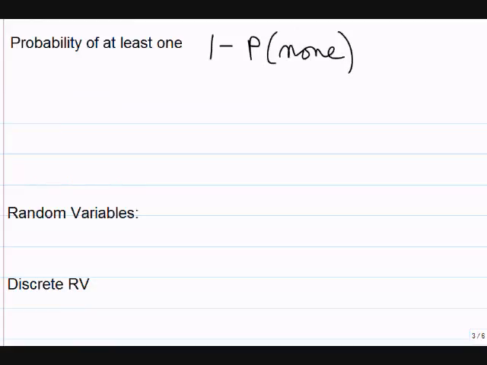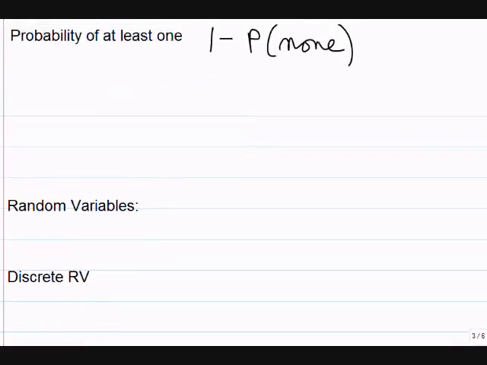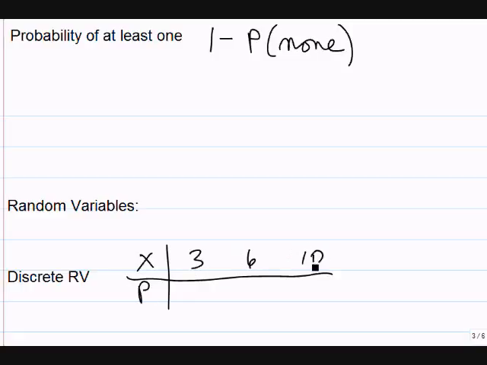Random variables. Many of the questions on the AP exam involve random variables and finding expected values and standard deviations and such with random variables. So a discrete random variable, you can have for your probability experiments outcomes of 3, 6, and 10.